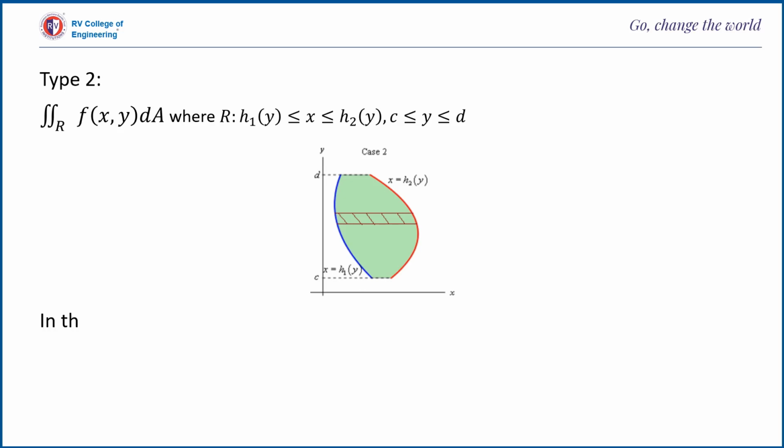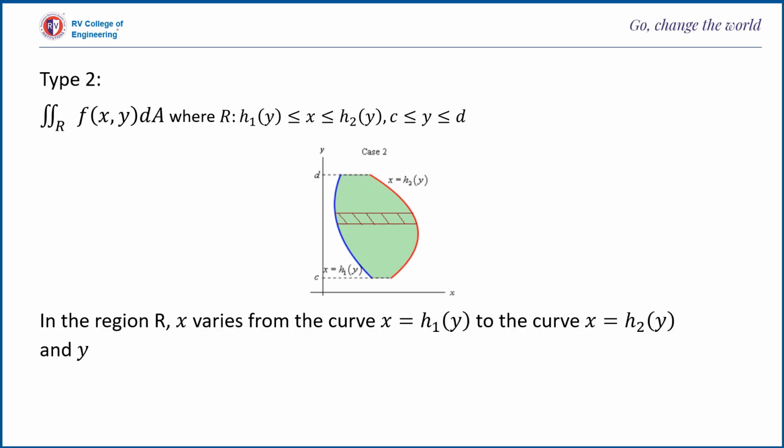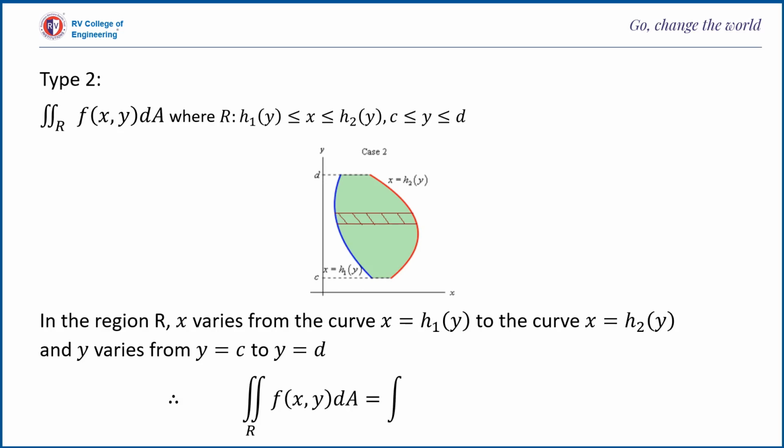And hence in the region R, x varies from h1 of y to h2 of y, and y varies from y equal to c to y equal to d. Therefore, the double integral over the region R of f of x comma y dA is equal to integral y equal to c to y equal to d, integral x equal to h1 of y to x equal to h2 of y of f of x comma y dx dy.